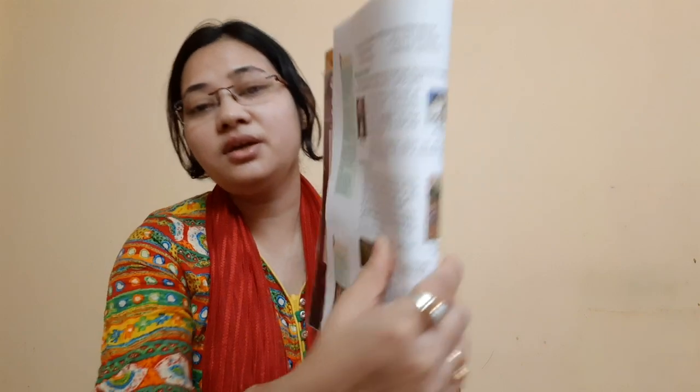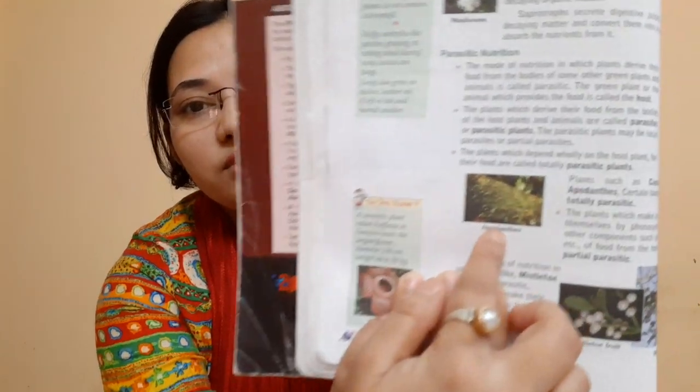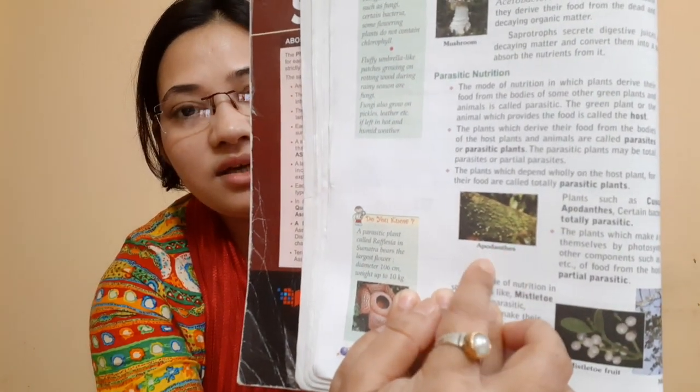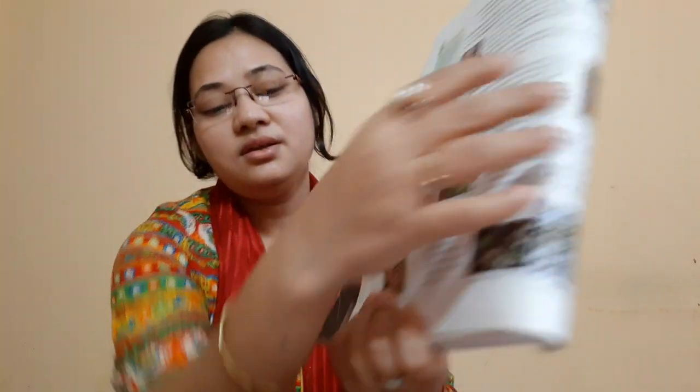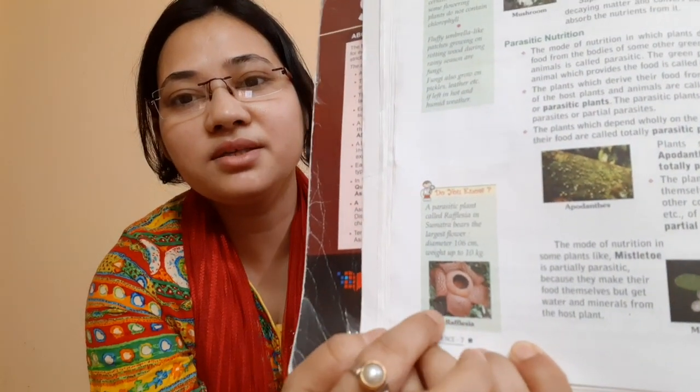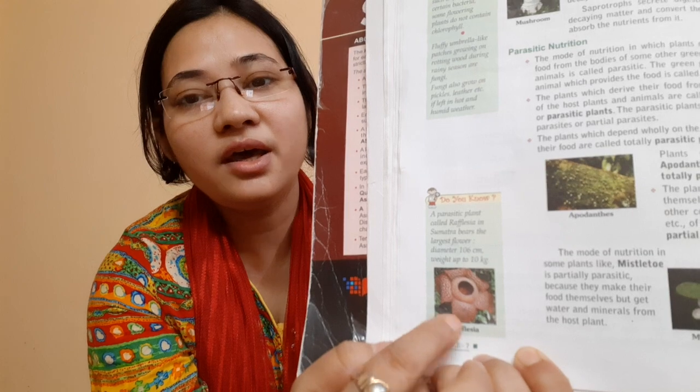Examples given in our book of total parasites are Apodanthes. Okay, this is an example, so you will see the spelling and then learn it. Then we also have the biggest or largest flower, that is called Rafflesia.